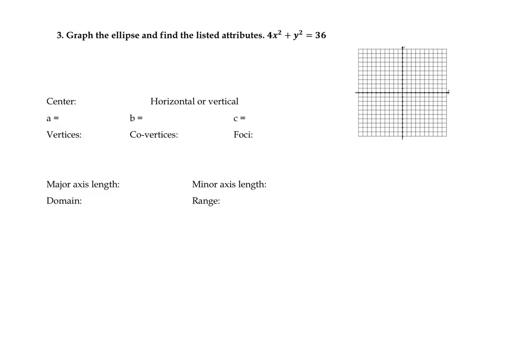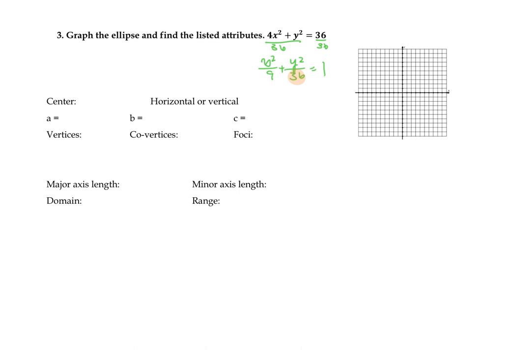Okay, now this one is not in standard form, so I need to do that. It's not equal to 1, so we're going to divide everything by 36. So this becomes x squared over 9 plus y squared over 36 equals 1. This makes this a vertical because the larger number is under y squared.